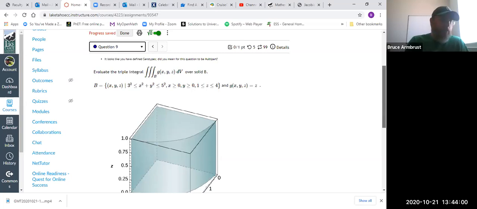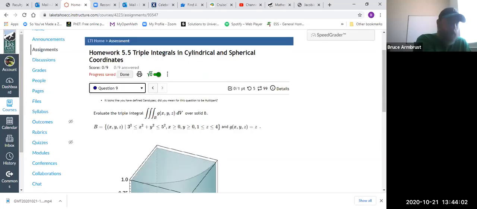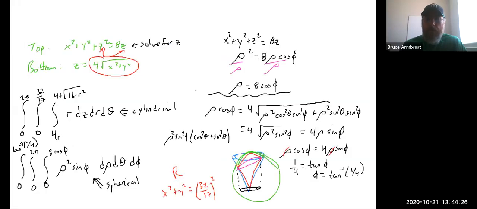So let me write down these equations, and then we'll go to the whiteboard. I've never been happier to hit clear all drawings.